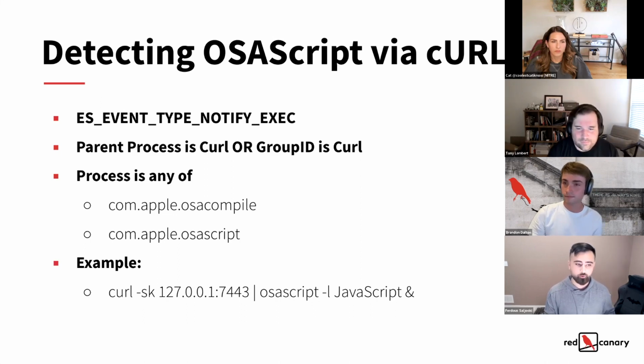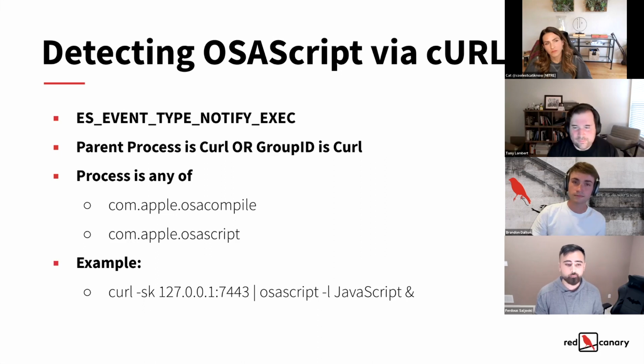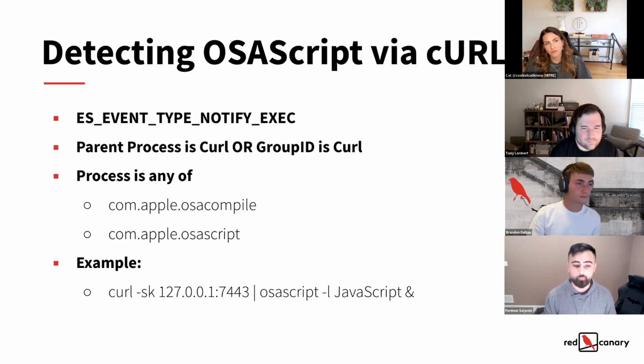Oftentimes we see red teamers executing curl and then piping that to osascript, or in this case JXA, for it to execute. Additional things that you can look for if you're trying to narrow down on XCSSET are the -s and -k arguments that we see here. As -s for curl is silent, and then -k ignores SSL.